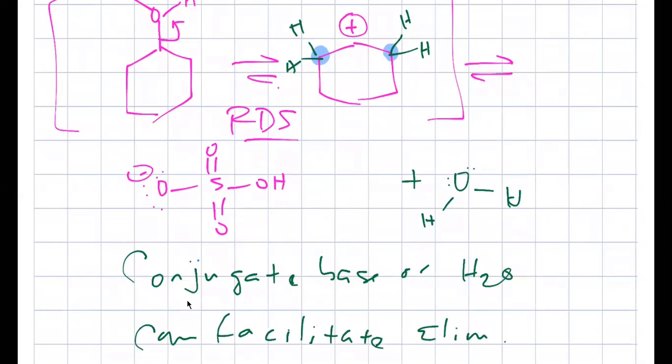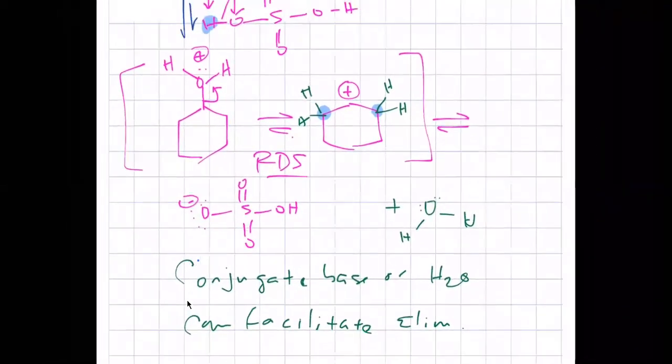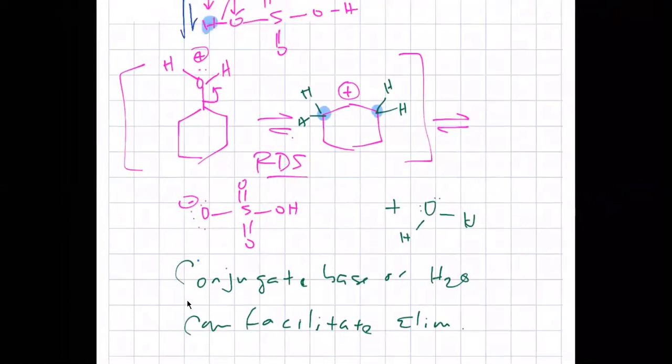Personally, I like using the conjugate base because I won't have to have another step in the mechanism where the conjugate base pulls off a proton from H3O plus. So I'm going to use the conjugate base. But keep in mind, either one of them can do this. So I'm going to write it up here.